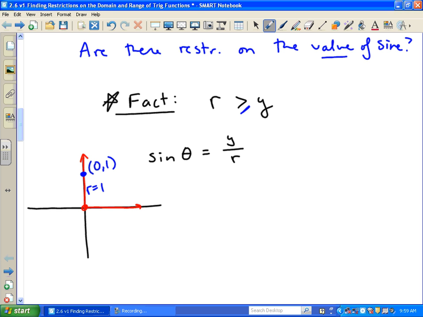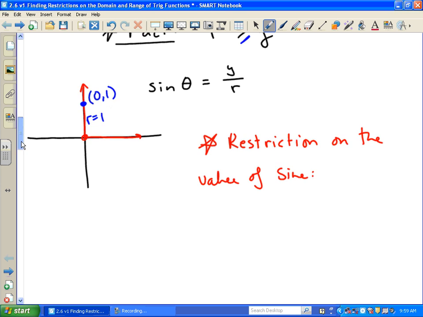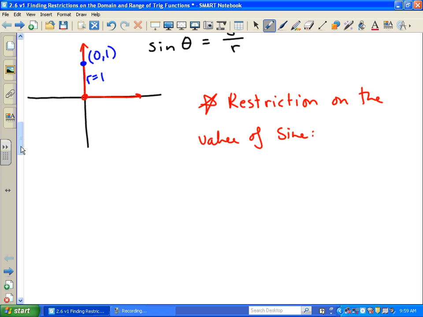So what we find from thinking about the relationship between r and y is a restriction on the value of sine. The value of sine is y over r, and that value has to be less than or equal to positive 1 and greater than or equal to negative 1.